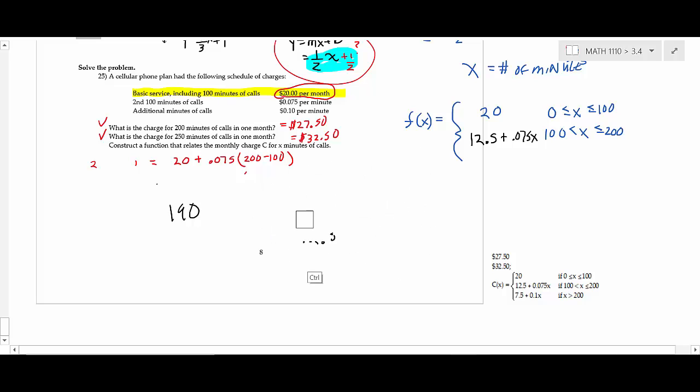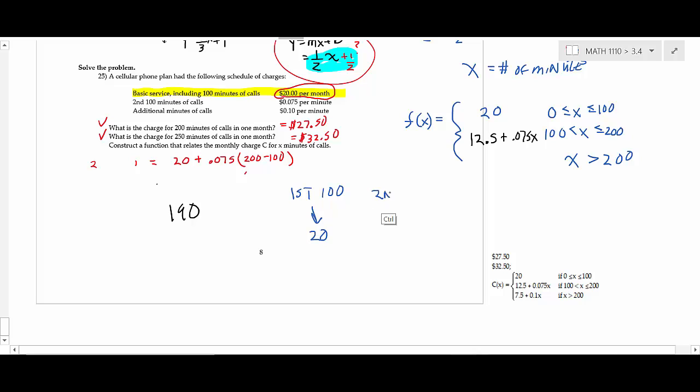And then what we're going to look at from there is the last piece of this function, which is going to be what happens when x is greater than 200. Well, let's think about what happens in this problem. The first 100 is going to cost you $20. That's already set.